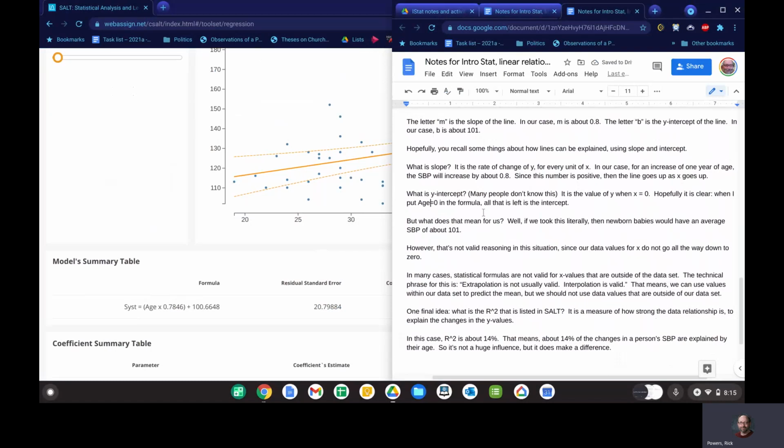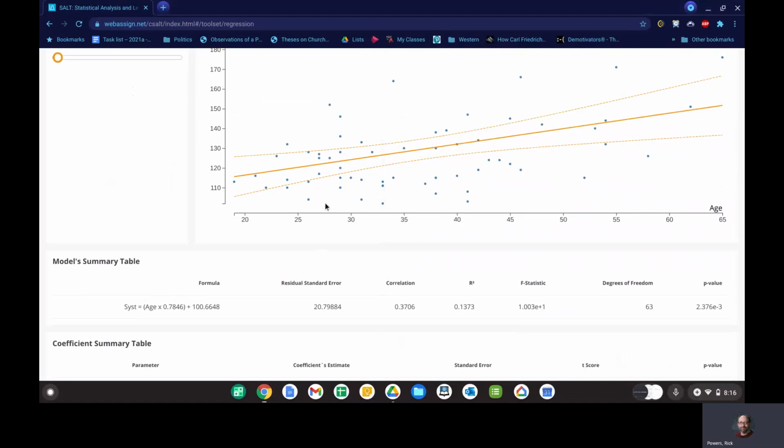But what does that mean for us? Well, if we took this literally, then newborn babies at age 0 would have an average systolic blood pressure of about 101. However, that's not valid reasoning in this situation. Our data values for x do not go all the way down to 0. Looks like they go down to about 18.